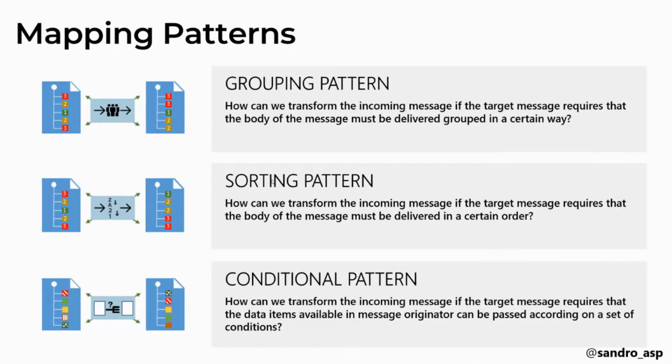Then it's very common to see grouping operations, where we have recurring records that we need to loop through and group by destination, by name, or whatever criteria we want to use to group the messages and combine or join them in a different order.